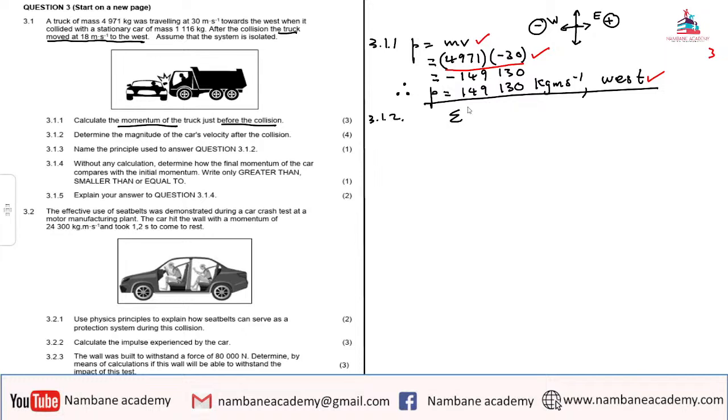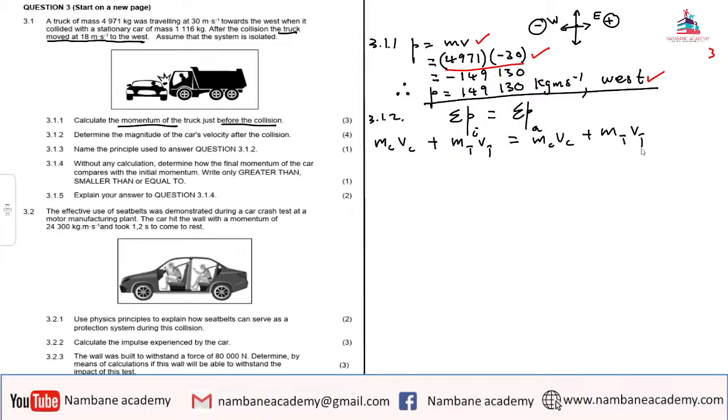So the sum of momentum before is equal to the sum of momentum after. What happened before? We had the car plus the mass of the truck. What happened after? They moved separately, so I still have the car independently, and the truck independently.